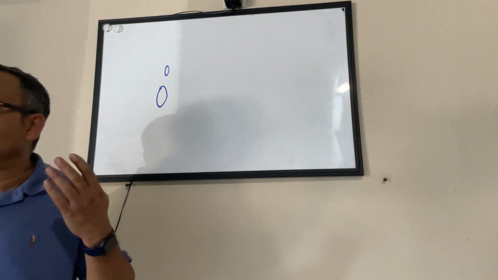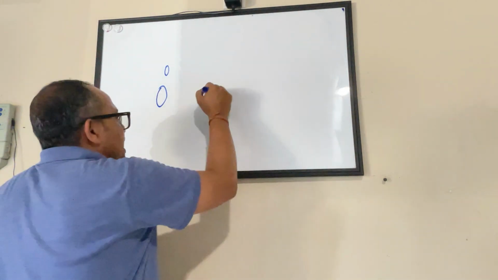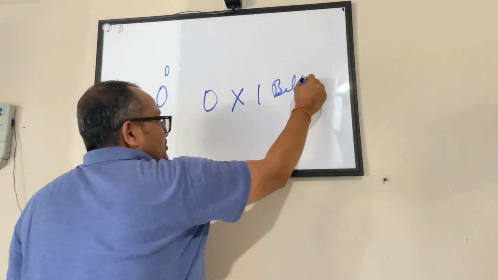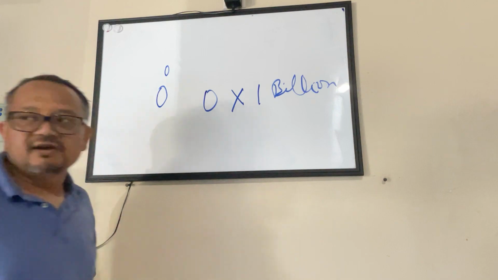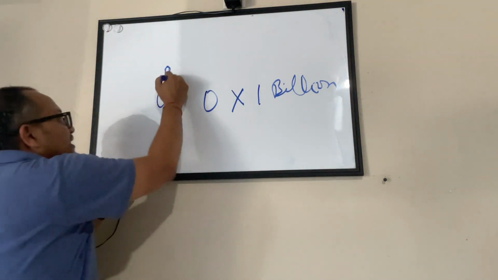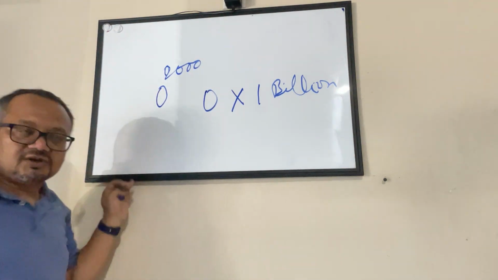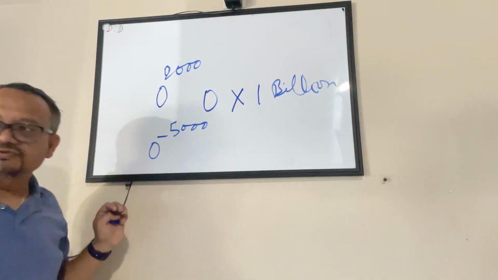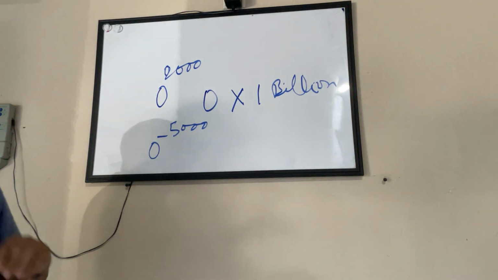Because anything to do with 0, if you have 0 and then you multiply it with 1 billion, the answer is 0. Okay? If you have 0, that you put power 2000, that is 0. You put power minus 5000, that is also 0. Okay?